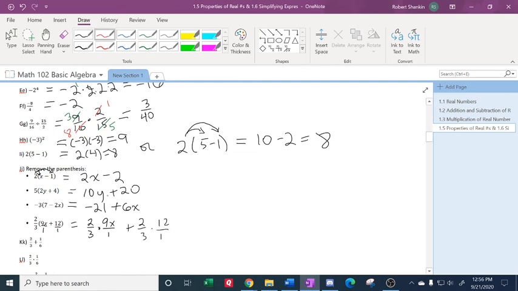Now, we can simplify first, or we can multiply to get 18 and then divide, or we can just reduce before multiplying. This becomes 6x, and then this becomes 8 over 1, which is 8 right here.